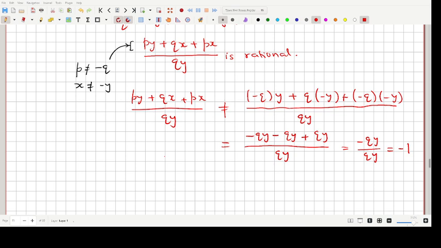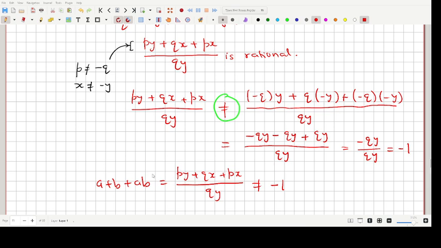So owing to the unequal symbol over here, what we can say is that a plus b plus ab, which is basically equal to py plus qx plus px divided by qy, is not equal to -1.